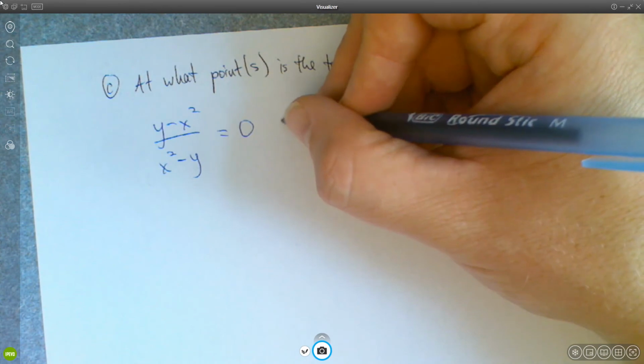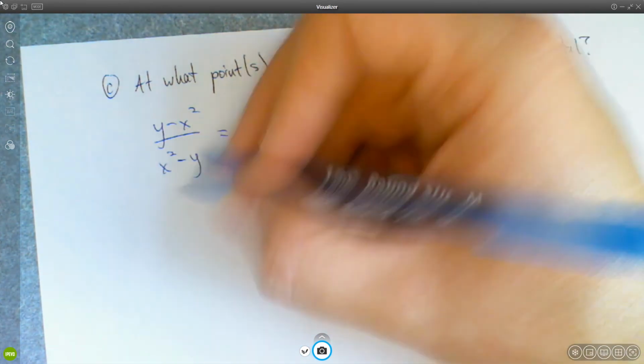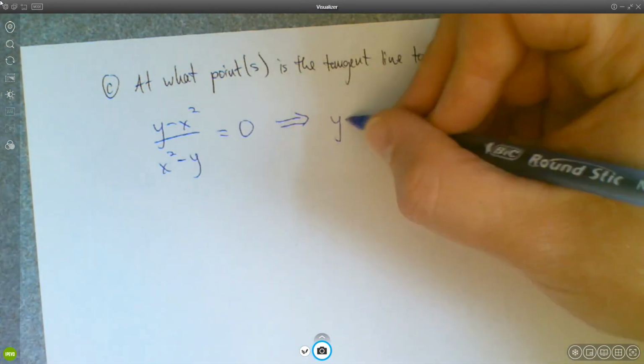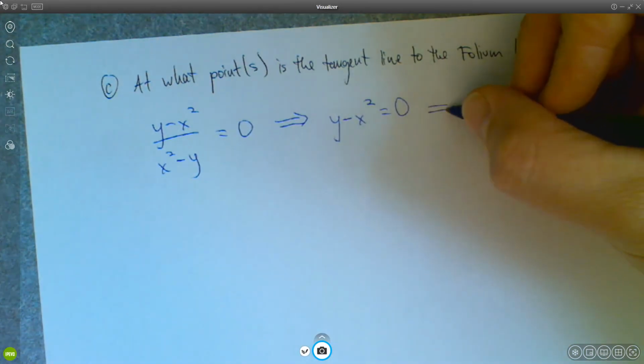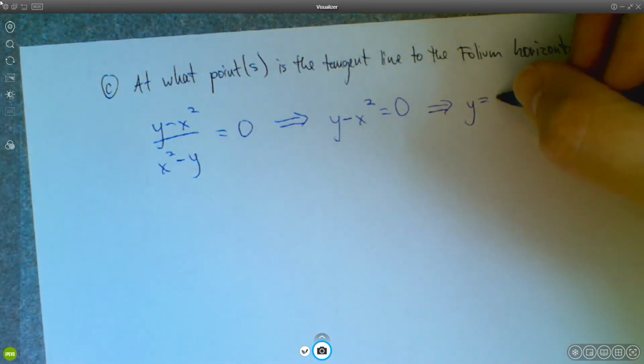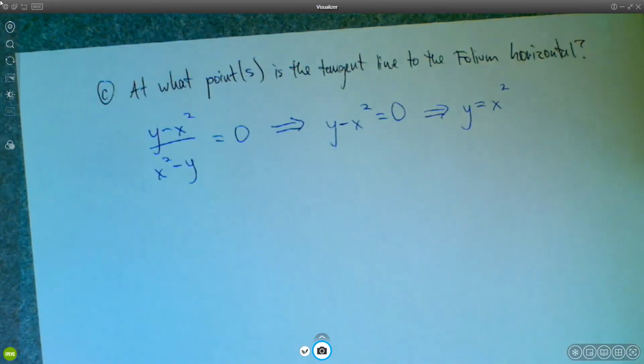Well, if we multiply by x squared minus y, we get y minus x squared equals 0. So really, it's going to happen whenever y equals x squared.